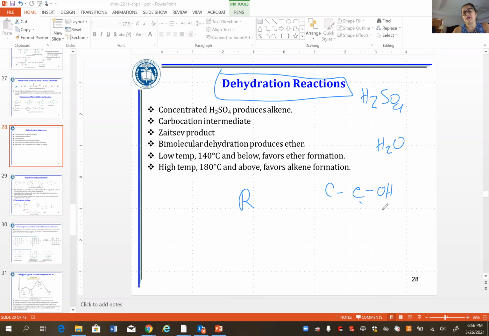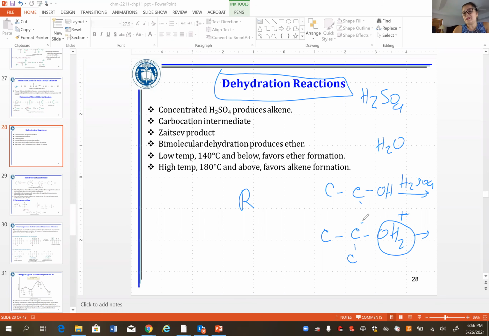Let's say you have the OH first, and then you do H2SO4. From here you are going to get the OH2 plus charge. Now when the leaving group leaves here, you end up with the carbocation. Or before it leaves, if it's a primary, it's going to be like an SN2 type. If it's a secondary or tertiary, it can be SN1 type, or formation of the carbocation.